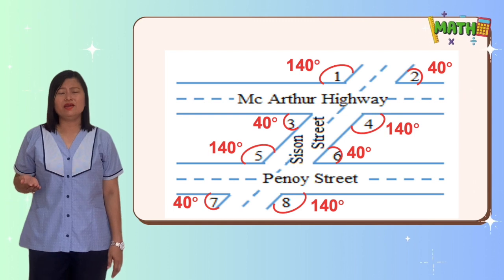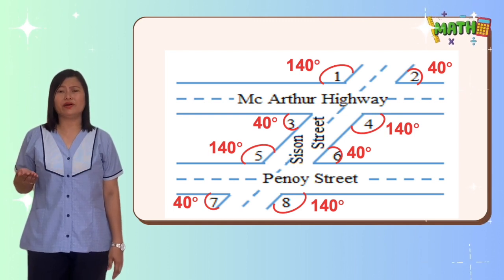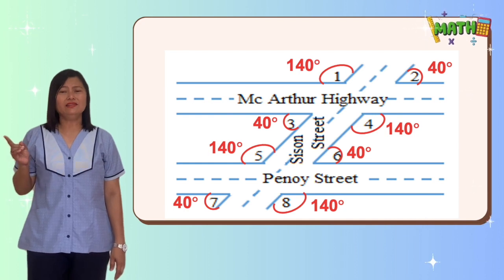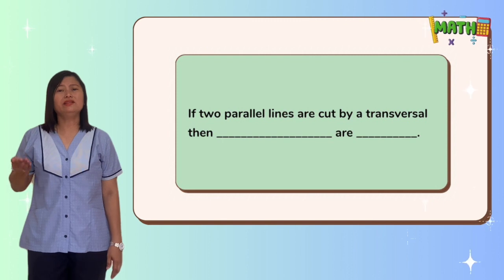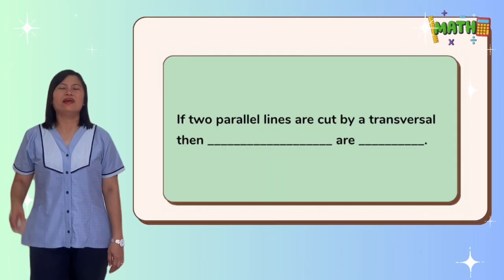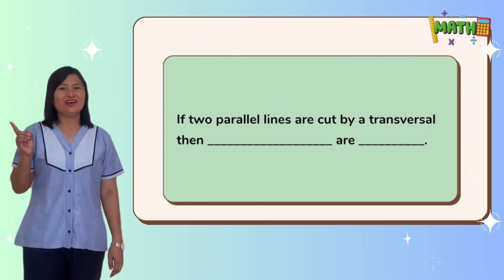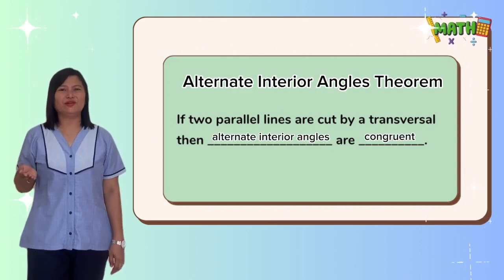Now, if angle 3 and angle 6 are alternate interior angles, then what can you conclude about alternate interior angles? Excellent! That is the alternate interior angles theorem.